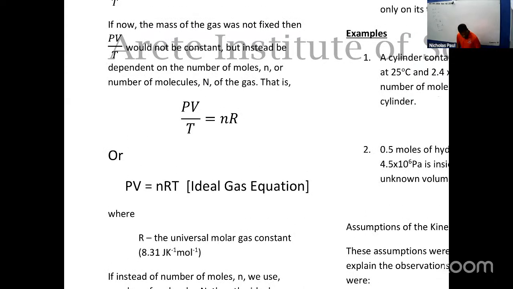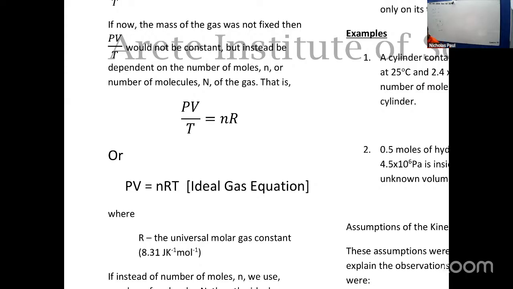Write down the value for R. It's called the molar gas constant. So the formula that we're going to use is PV is equal to nRT. n is the number of moles, T is temperature, P is pressure, V is volume, right?